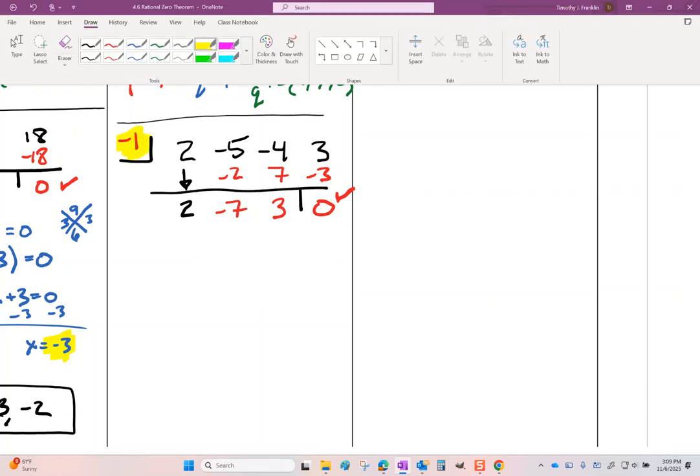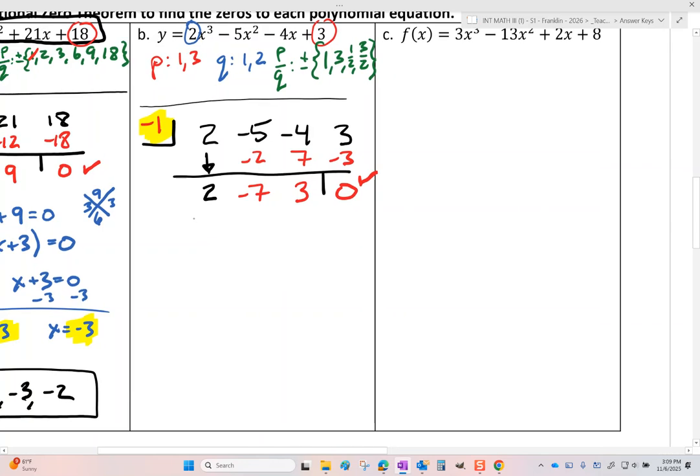And again, I'm going to recommend we just write out this new quadratic polynomial, factor it, and solve. Now here I don't have a leading coefficient of 1, so I have to do a little more work. I need two numbers that multiply to 6 and add to -7. Those two numbers would be -6 and -1.